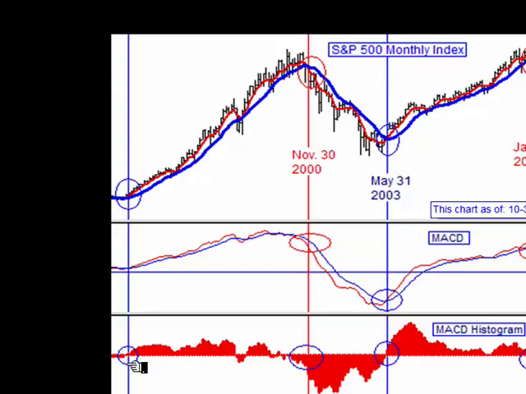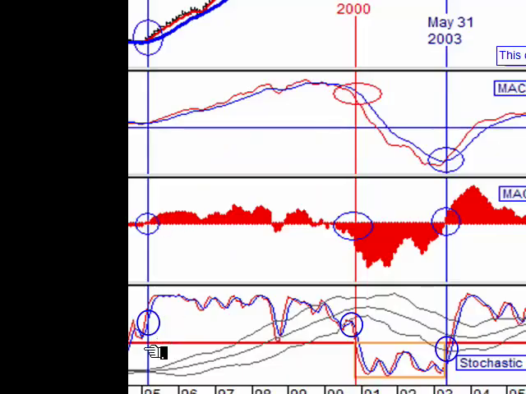Your second confirmation you look for from a MACD histogram going positive. It went positive by going over the 0 line, and it was very clearly positive at that very same time. The third indication we want is a confirmation of a stochastic oscillator moving to the upside and being above a set of Bollinger Bands, which we'll discuss later. So that was the beginning for 1995.